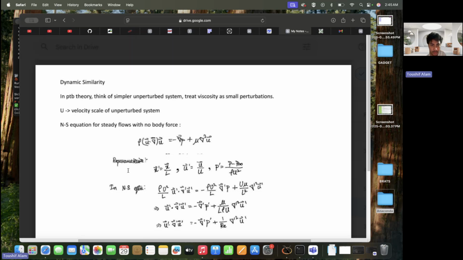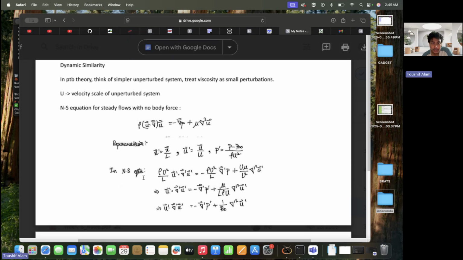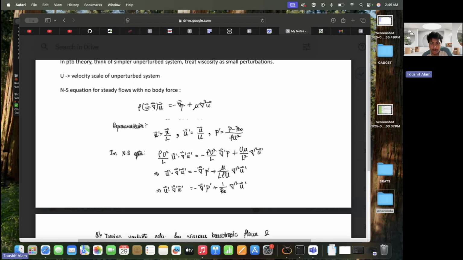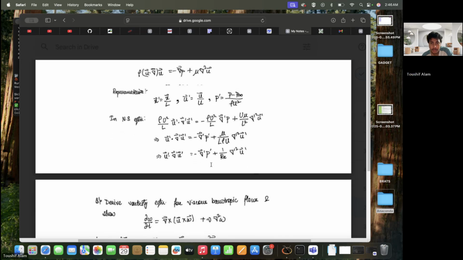So if you replace x prime with x by L, the length scale, and u prime with the velocity scale, these are dimensionless quantities. So in this equation, in the Stokes equation, you'll get rho U square by L times u prime. You will come across this U by L, and that is defined as the Reynolds number, rho U L by mu.